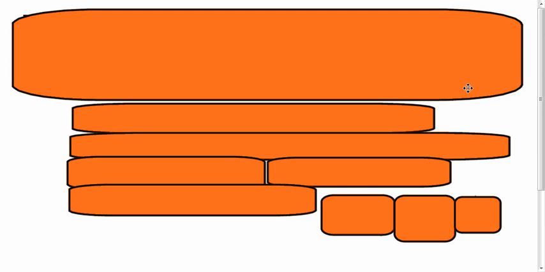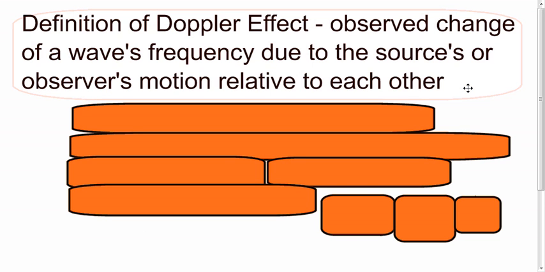Now, here's the definition of the Doppler effect. It's the observed change of a wave's frequency due to the source's or observer's motion relative to each other. The word relative is important in this scenario because things could be moving and they're not moving relative to each other.